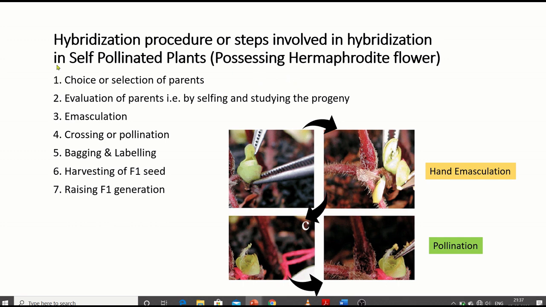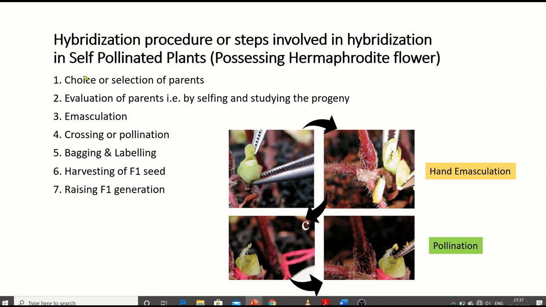After that, evaluation of the parents based on the progeny, because it may be a false alarm: the character that you saw in the field and selected may be because of the environment effect. So you have to grow the progeny and find out the real or genuine character, based on the progeny performance.